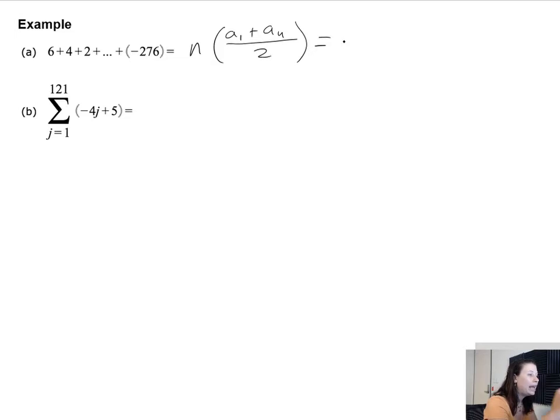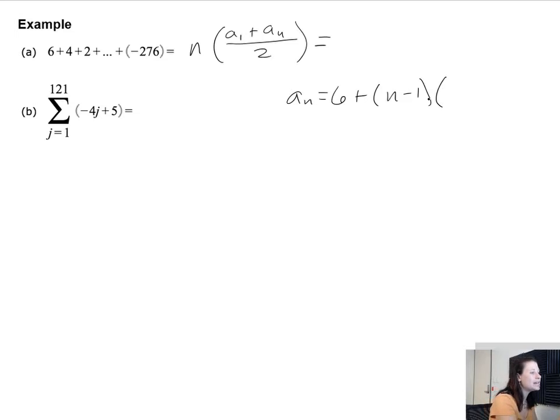So n, how many do we have there? That's something we should figure out, right? So how do we do that? Well, we know that the first term is 6. Well, let's think about this. An is equal to the first term, so 6 plus n minus 1 times d.